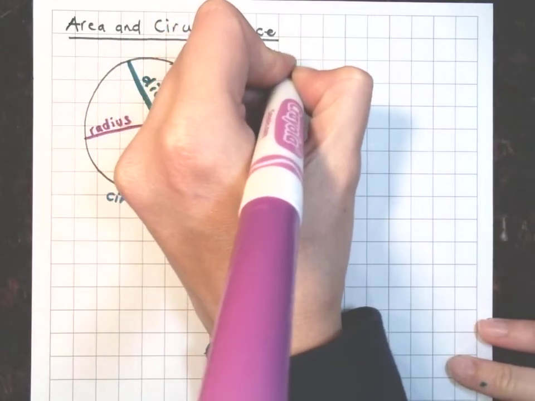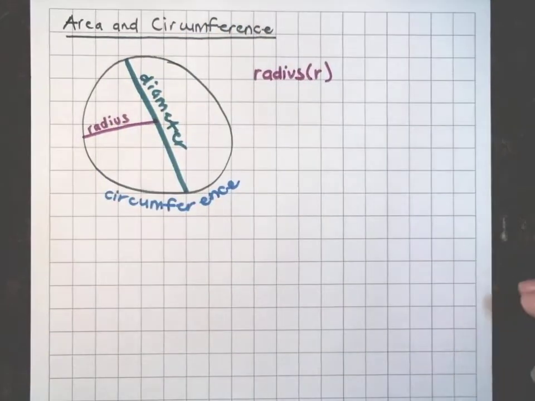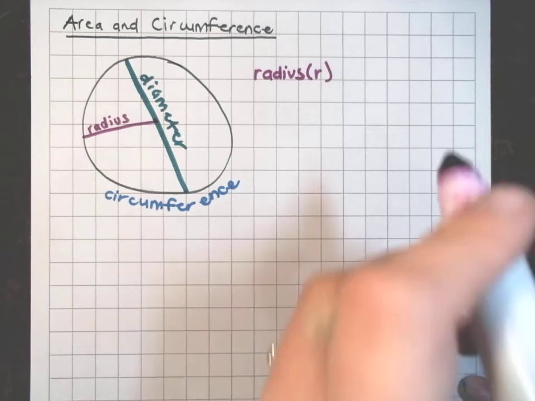So we started with radius, which we use the variable r to represent. It's the distance from the center to the edge of the circle.